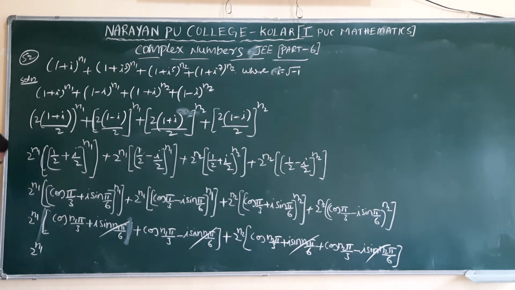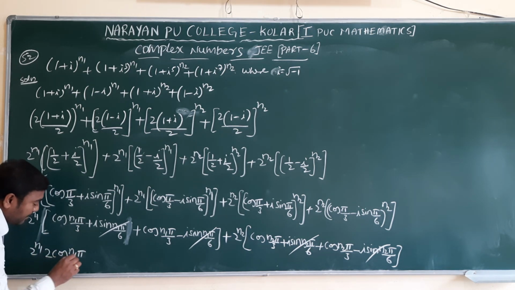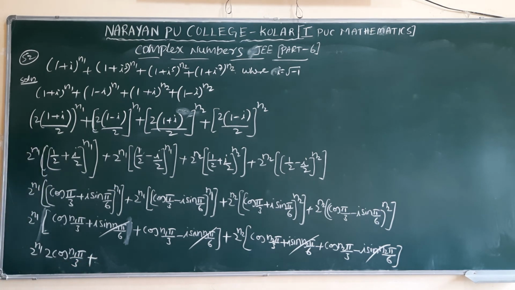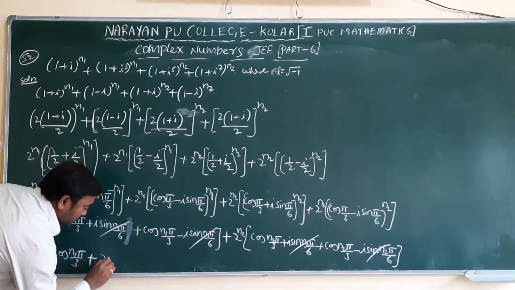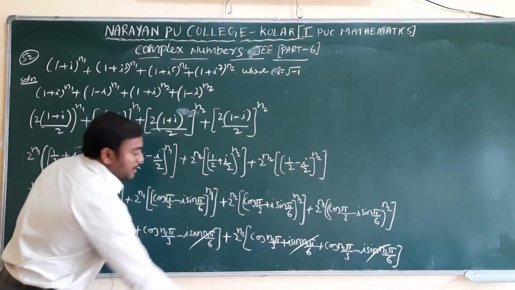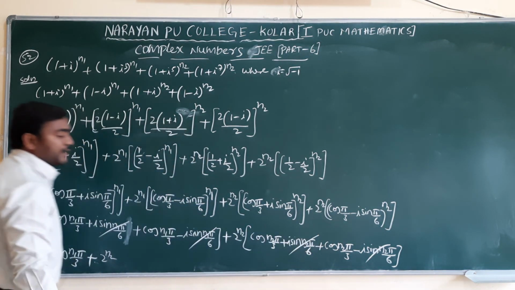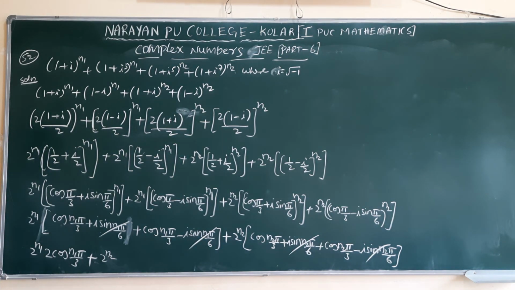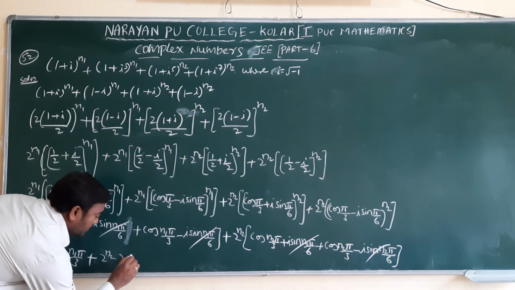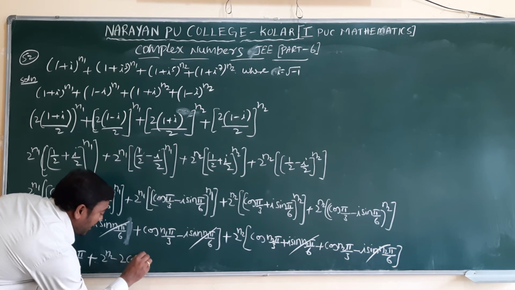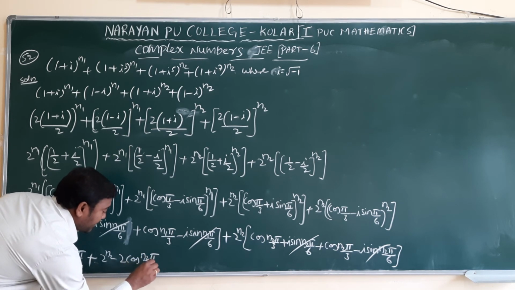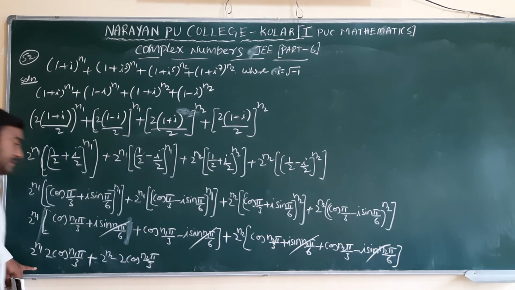Here 2 power n2 into cos of n2 pi by 3 plus cos of n2 pi by 3, we get 2 into cos of n2 pi by 3. So it can be written as like this.